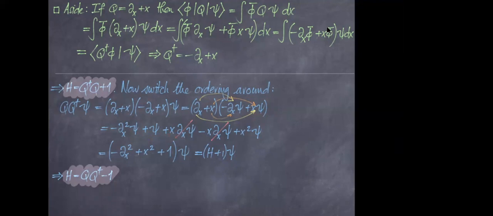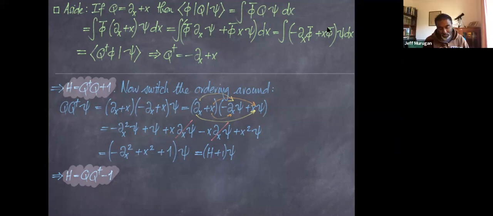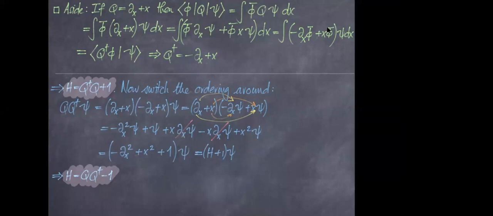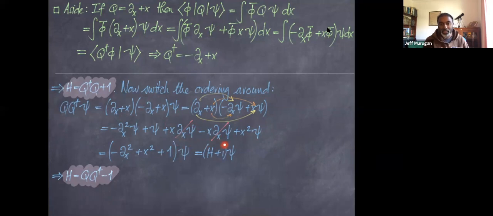Yes. Then there's the x which acts on both of these. x acts on this by multiplying by x, that's this one, and x acts on this by multiplying it with x, which gives me this x squared factor. You with me? Yes. Obviously, this and this are the same, and so they can cancel each other out.